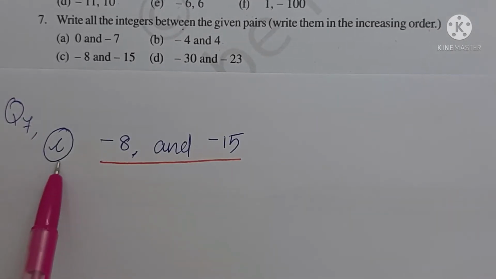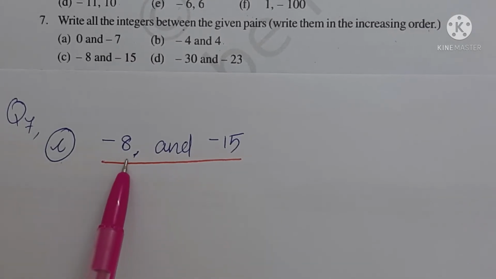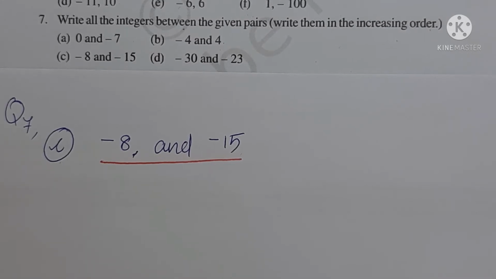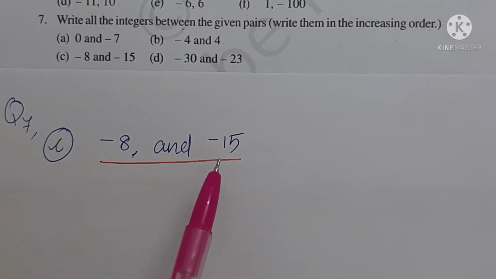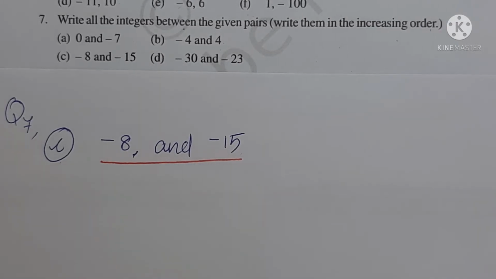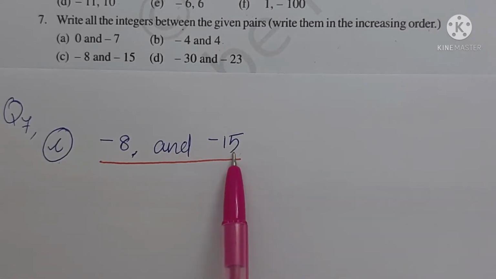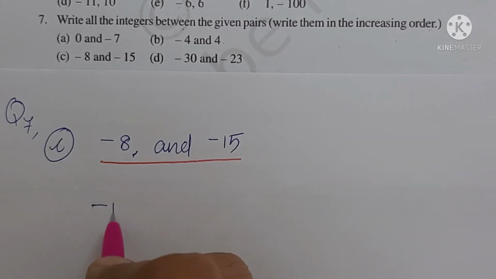Coming to question number C, the given pair is minus 8 and minus 15. In this pair, both are negative integers. First of all, you can identify the smaller one. Which one is smaller? The smaller one is minus 15, because the value of negative integers goes lesser as you move from 0 to the left side of the number line. So minus 15 is the smaller one.